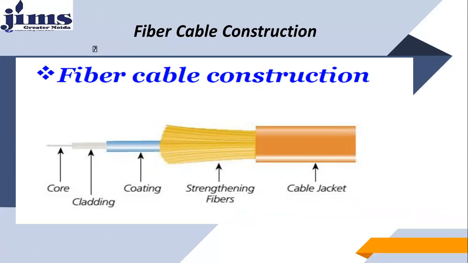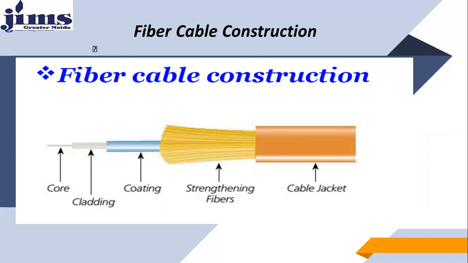Now look at the diagram, the construction of this fiber cable. Again we start with the core. This is the middle slender region, the middle wire of glass. After that is the cladding, an important part of optical fiber. Then the third part is coating.